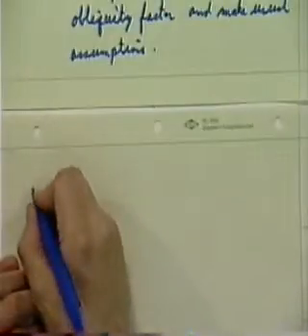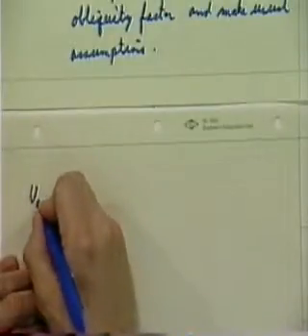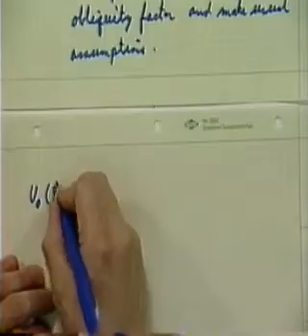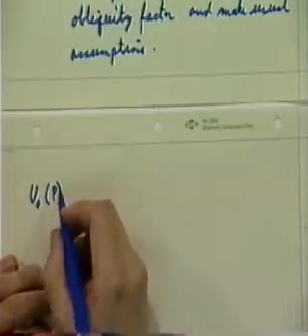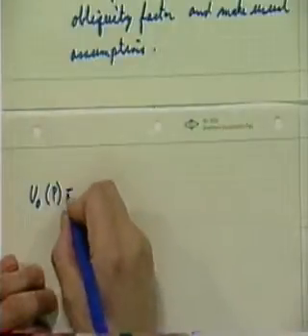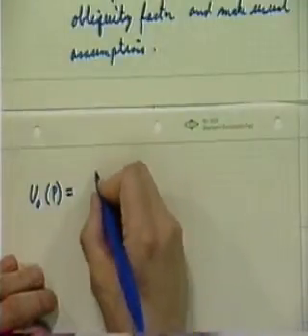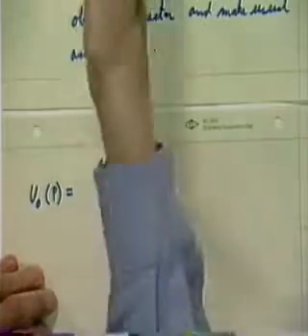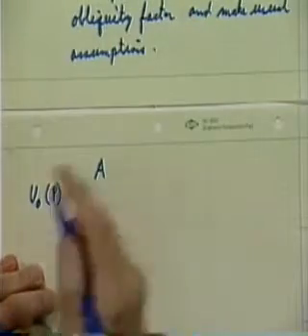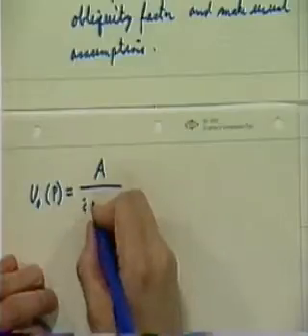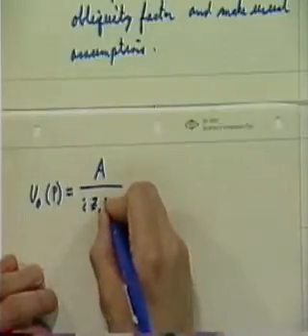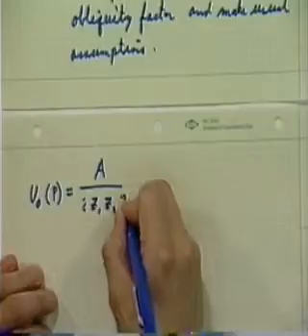So we can say that U naught on axis, point P, is equal to, well, the amplitude of what we're illuminating the aperture with. We get the A from that. We get the i, Z1, Z2, lambda.